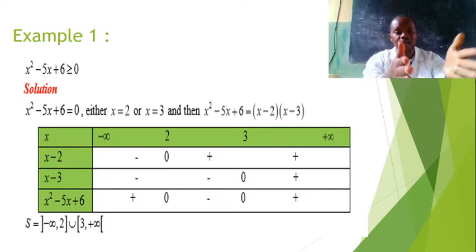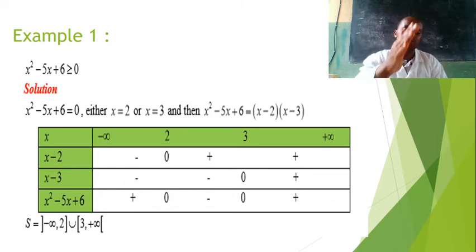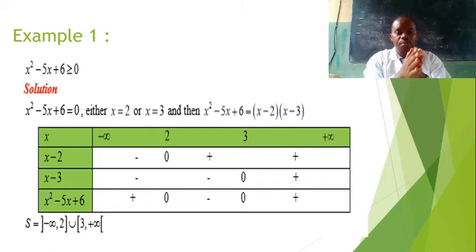Remember that here we have three intervals: from minus infinity up to 2, from 2 up to 3, and from 3 up to positive infinity. This means x square minus 5x plus 6 will also have three intervals with their respective signs. Let us go on.